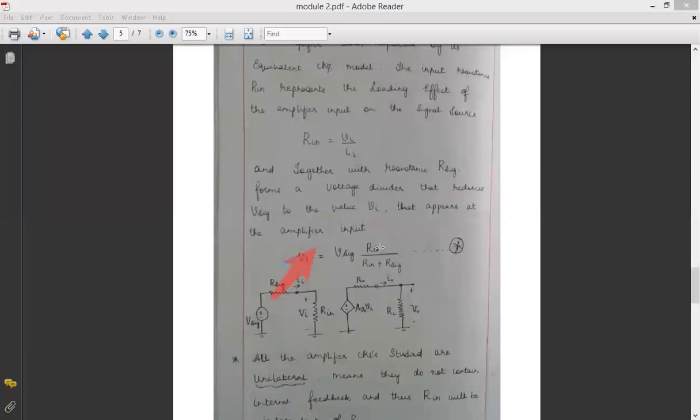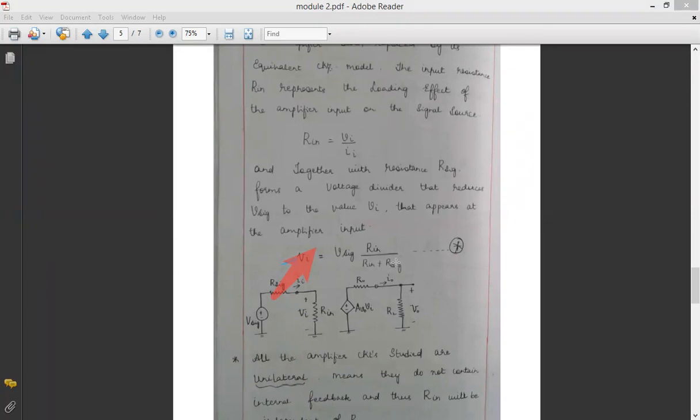For example, in the case of MOSFET, your Rin will be equal to Rg. Your Rg will be a very, very high value, in terms of mega ohms. So mega ohms divided by mega plus your R signal, which will be in terms of ohms. So what happens? Mega plus ohm, this ohm can be neglected.